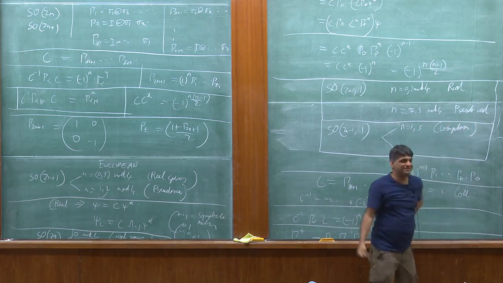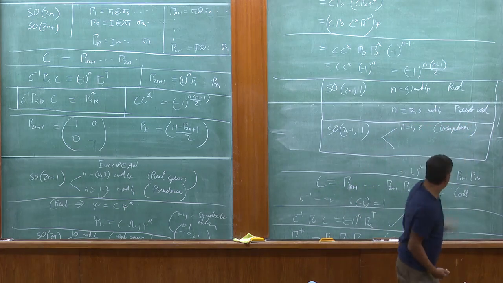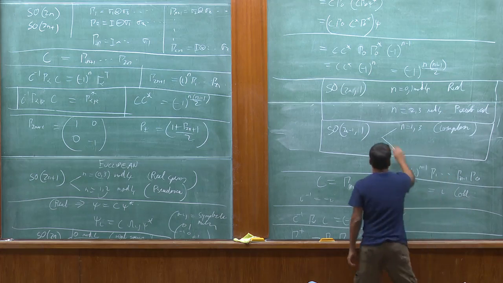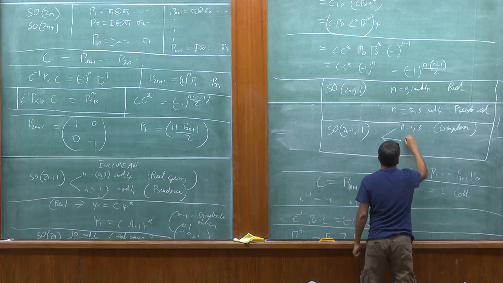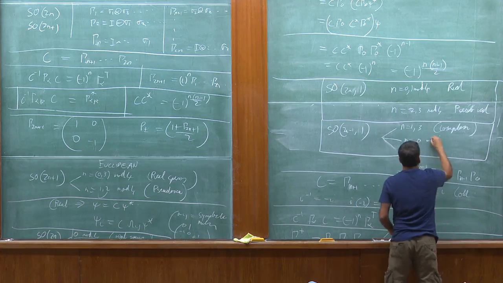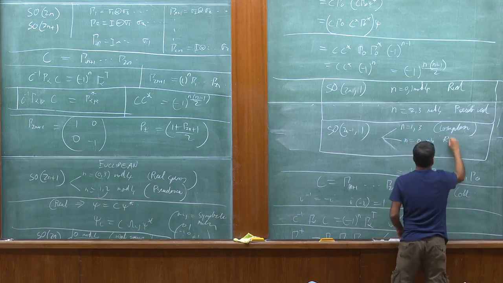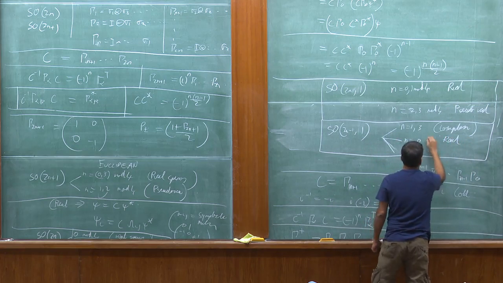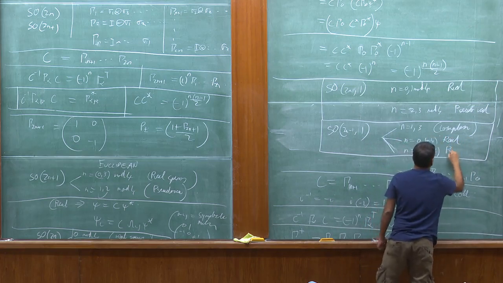This has not changed. Always mod 4. I'm not writing the mod 4. What about n equal to 0 mod 4? We have real. And n equal to 2 mod 4, we have pseudo-real.